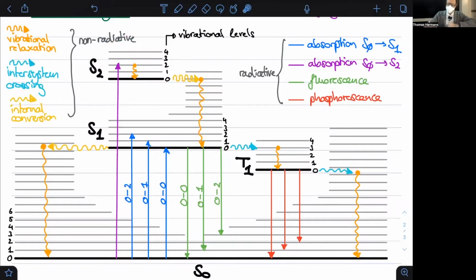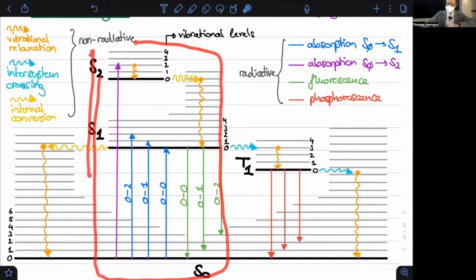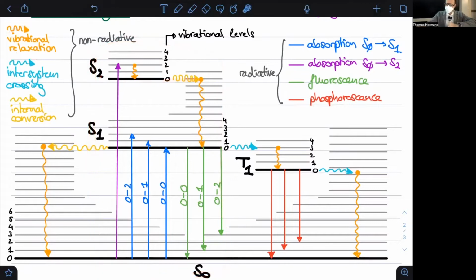So we have vibrational relaxation, so it's within one electronic state. We have internal conversion. So this is a non-radiative process that goes within the same multiplicity. So I stay here. I'm still all in the singlet state. So if I cross from S2 to S1, I have internal conversion, right?